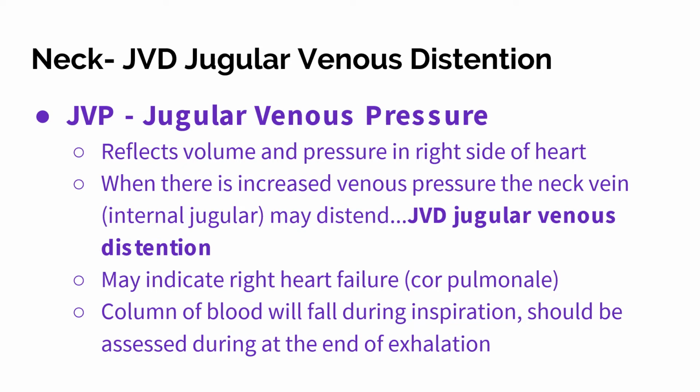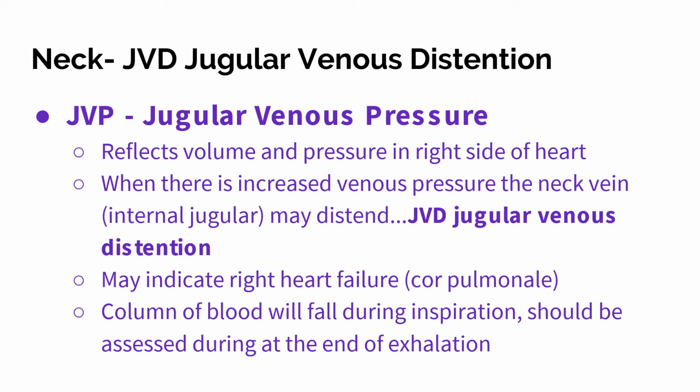It can indicate right heart failure, which is otherwise known as cor pulmonale, and you might see a little bit of a fluctuation of it distending and then not distending. The column of blood will fall during inspiration, and then it should resume the position of the blood being filled again at end of exhalation.